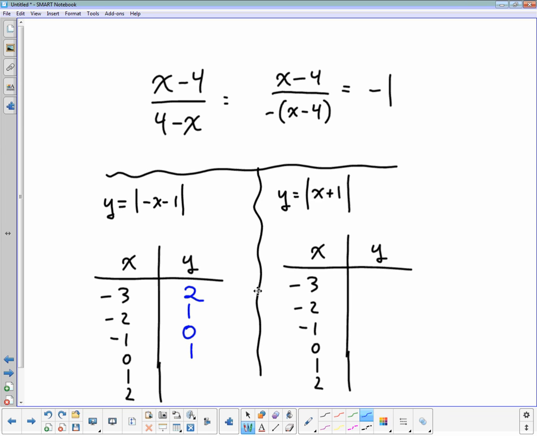What does plugging in 1 give me? Now back to here. -3 plugged in gives me, they're the same graph. Sure. Okay.